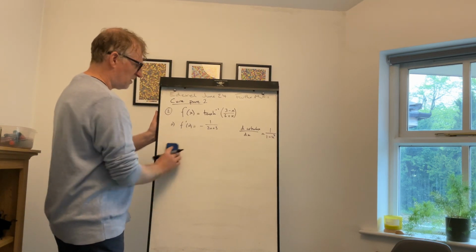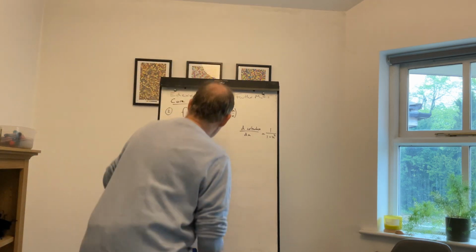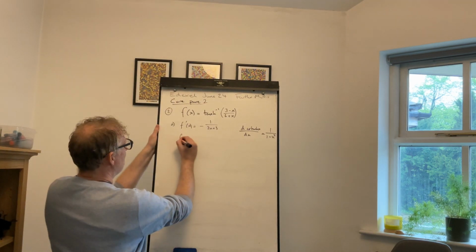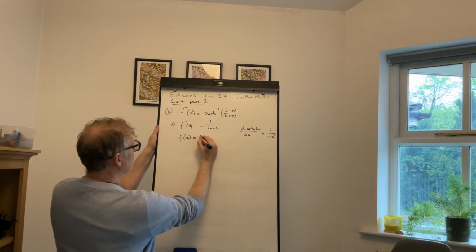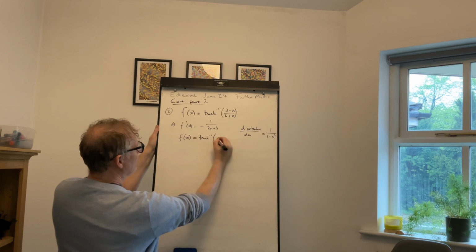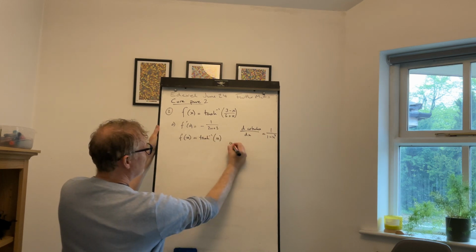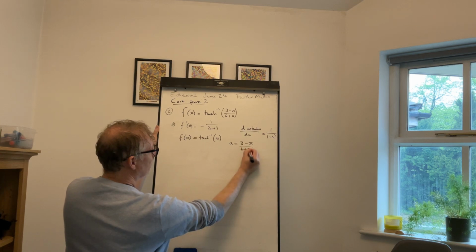So let's start off. Let's do it nice and formally, shall we? We can start off by saying that f of x is tanh to the minus 1 of u, where u equals (3 minus x) over (6 plus x).